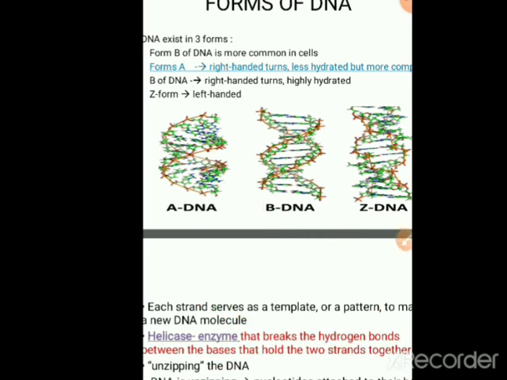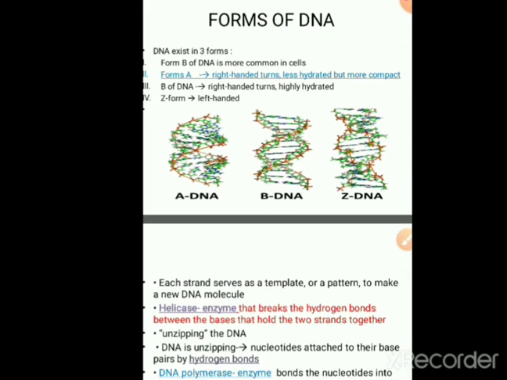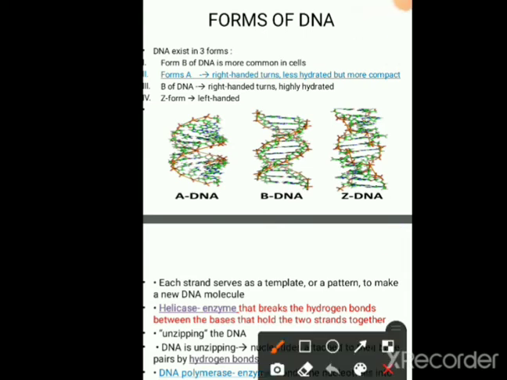What we have been studying is basically the B form of the DNA, which is available commonly. Form A has right-handed turns; the nucleotide bases are turned towards the axis on the right-hand side.